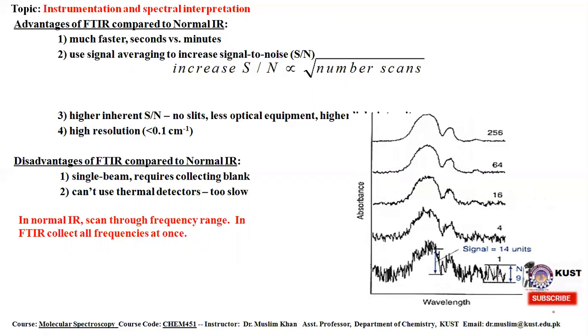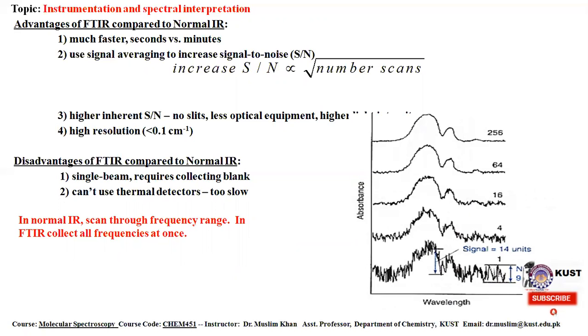So FTIR has a high inherent signal to noise ratio, with less optical equipment. High resolution is also one of the important key parameters of FTIR spectroscopy. Of course, FTIR has some disadvantages associated with it.